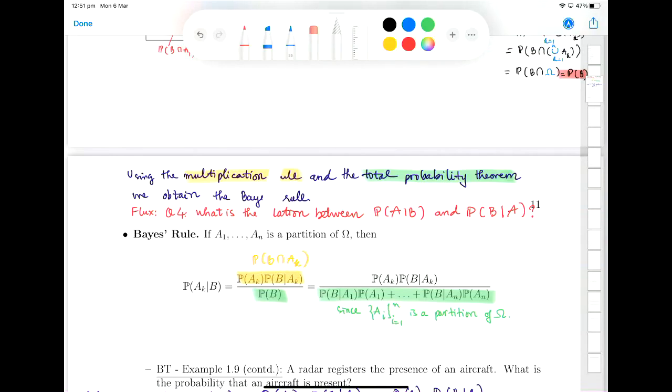So you have this, and then using the total probability theorem, you can write probability of B as the sum of the conditional probabilities, B given A1, B given A2, up to B given AN, each multiplied by the corresponding probability of A1 up to probability of AN. So the green term here equals the green sum. The reason is that AI is a partition of omega, so we can apply the total probability theorem. So that is called Bayes rule.